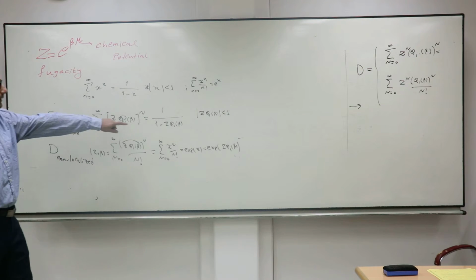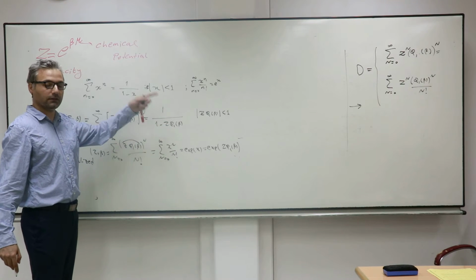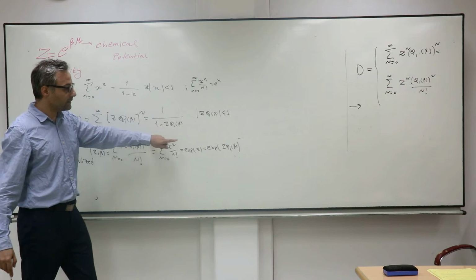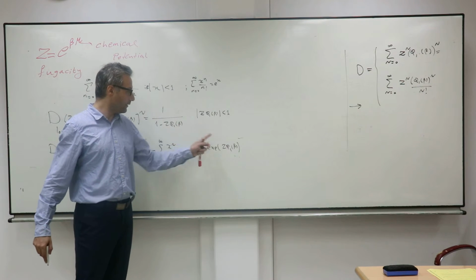Remember that these are not the same. This is for the harmonic oscillator, for example, and this is for the free particle like gas. They have the same symbol, but they are completely different.